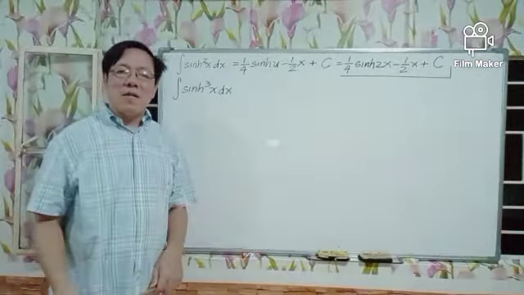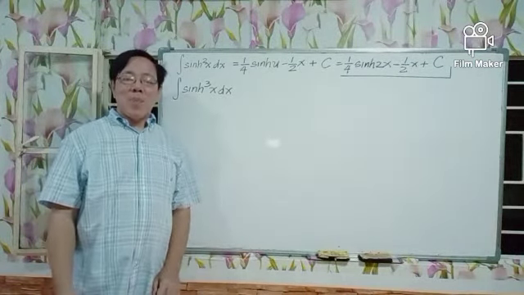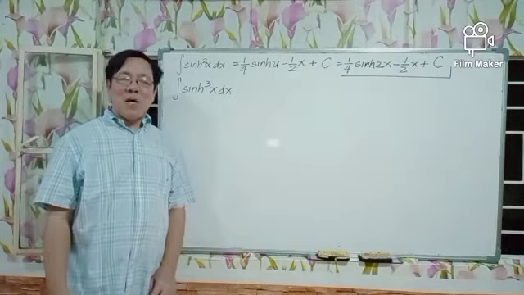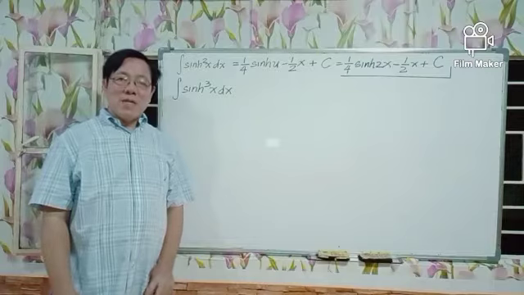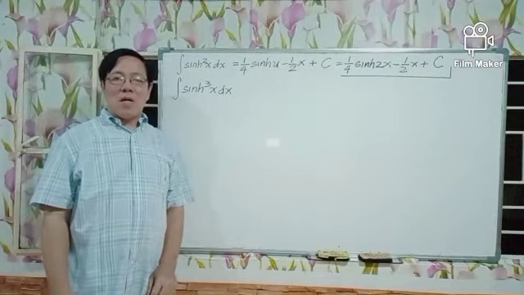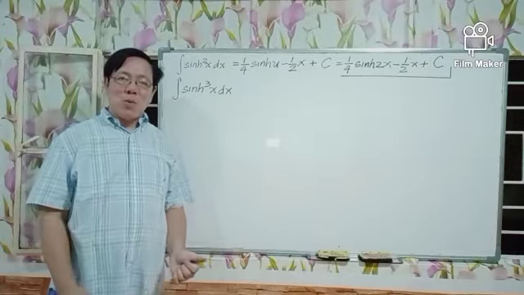To evaluate this integral of the cube of hyperbolic sine of x with respect to x, we make use of the identity for the difference of the square of hyperbolic cosine of x and the square of hyperbolic sine of x, which is equal to 1.